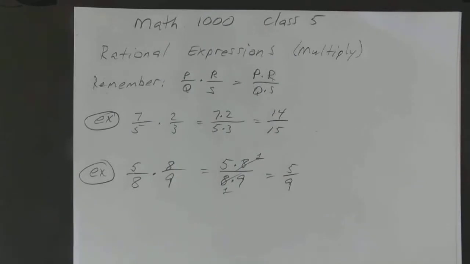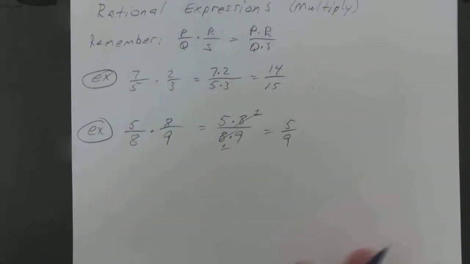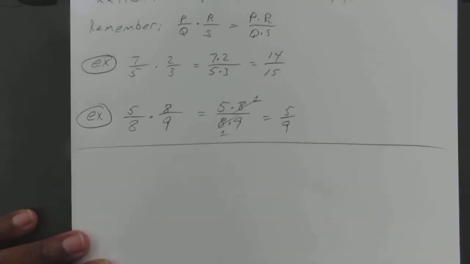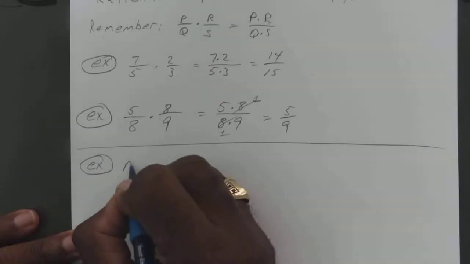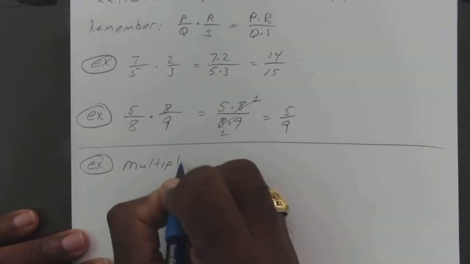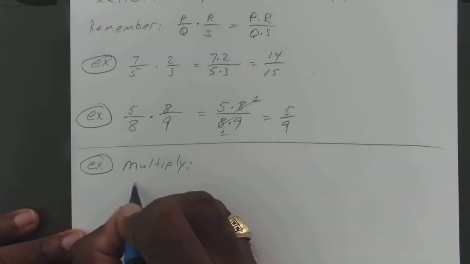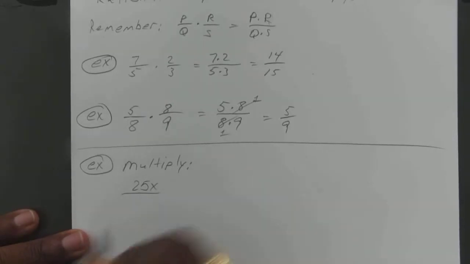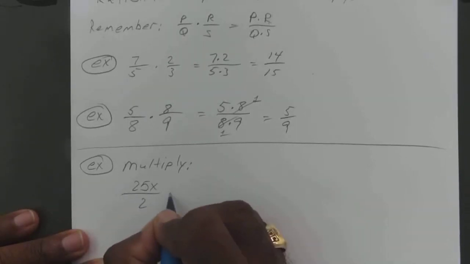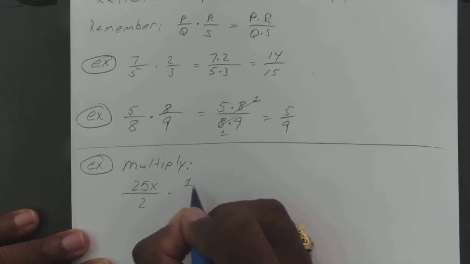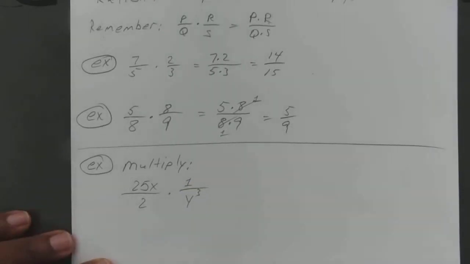Okay, so the exact same rules apply to rational numbers. Let's say, for example, if you wanted to multiply 25x over 2 times 1 over y to the third.